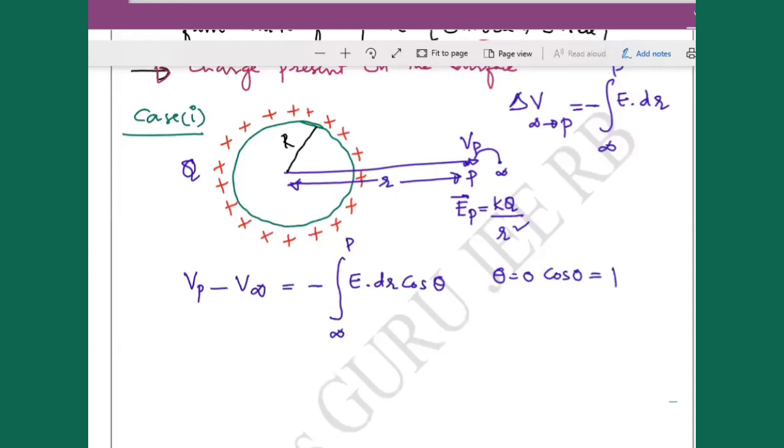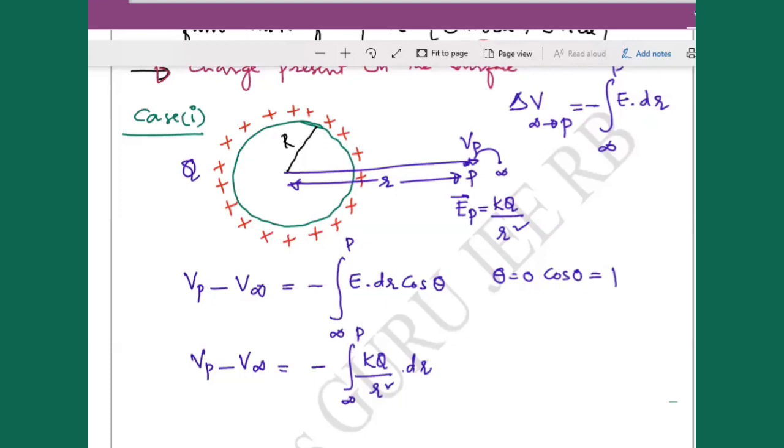Then Vp minus V infinity is equal to minus the integral from infinity to point P, and the electric field at that point is KQ divided by R square, into dr, into cos theta, and cos theta is 1.